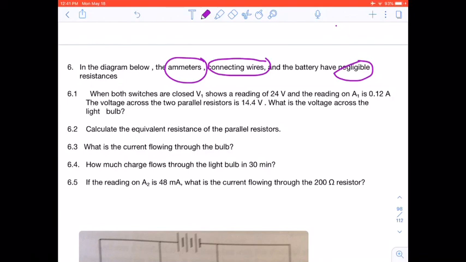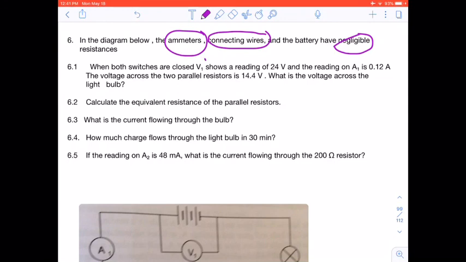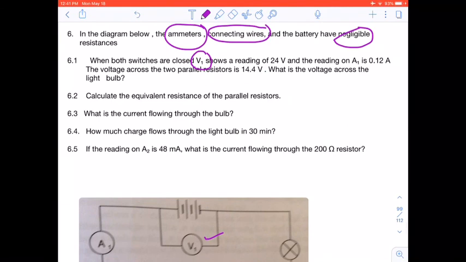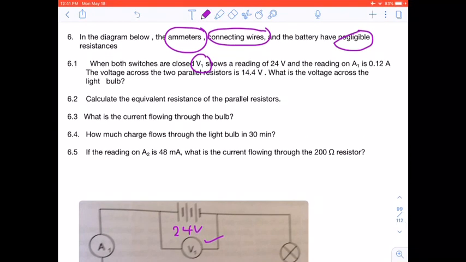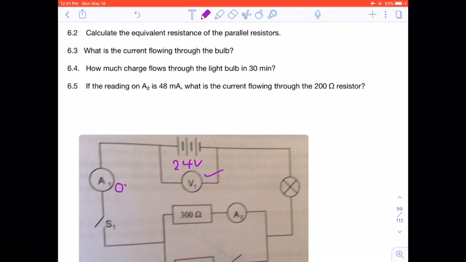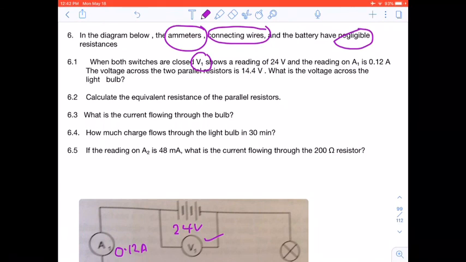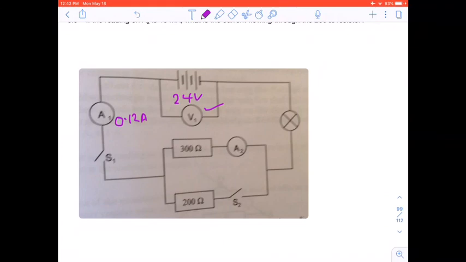Okay, so here we say when both switches are closed, there you have V1. When both switches are closed and the reading on V1 is 24 volts, and the reading on A1 is 0.12 amps, and the voltage across the two parallel resistors is 14.4 volts.